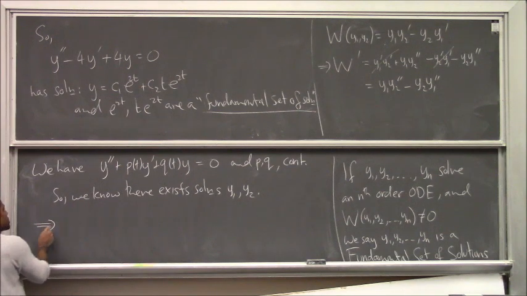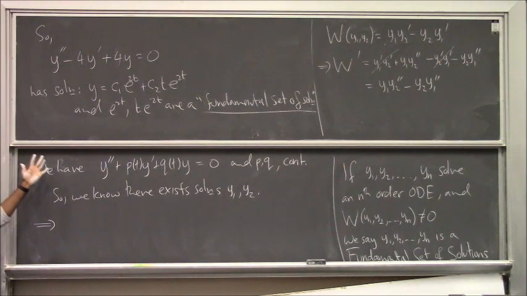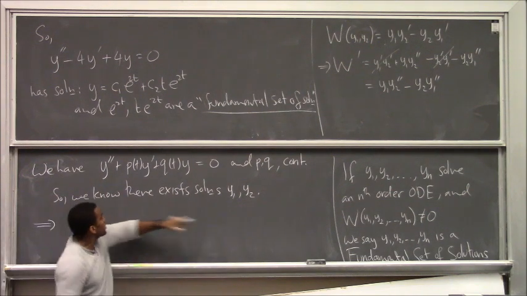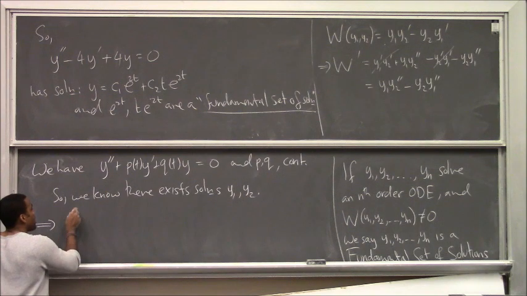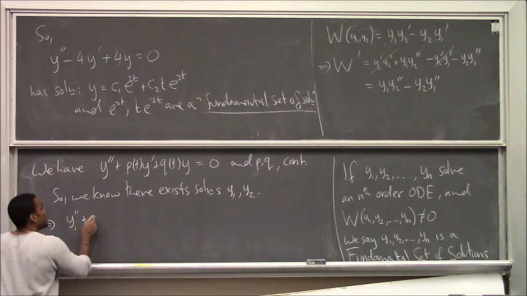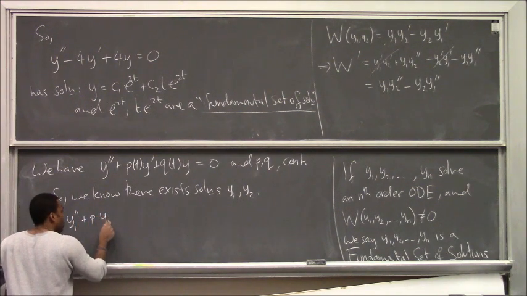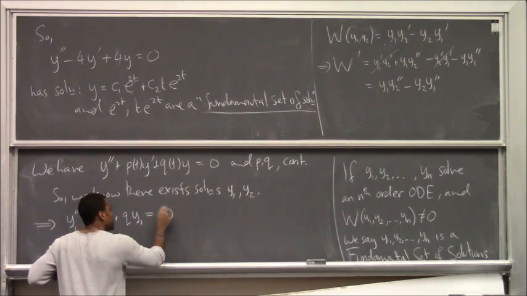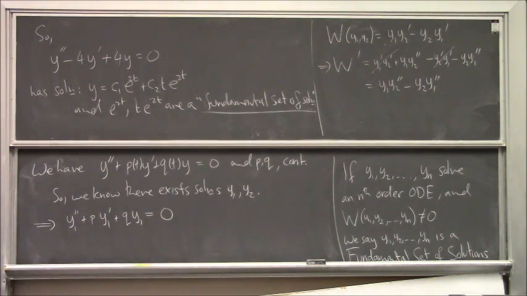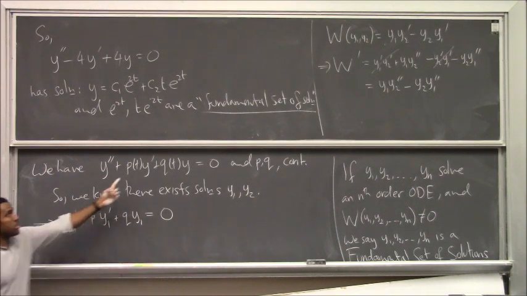So this means, let's go way back to the first class. What does it actually mean to be a solution? It means if I take this function and plug it into this differential equation, it makes it true. This means that y1 double prime plus p of y1 prime plus q of y1 will give me 0 when I plug it in, whatever that function is. It might not be an exponential because it depends.